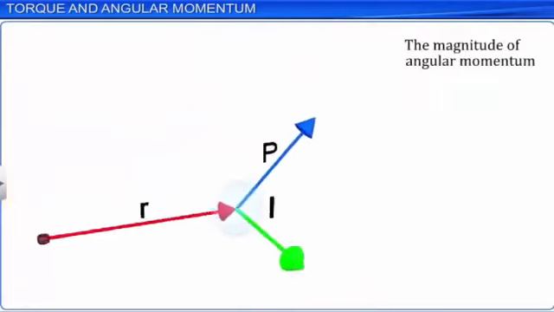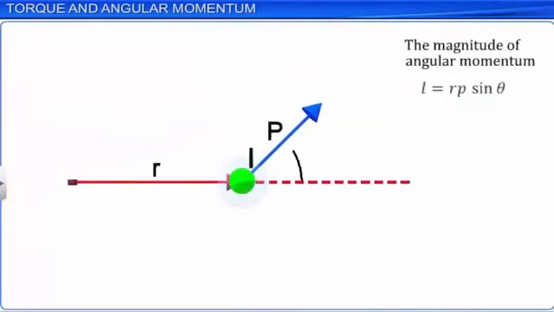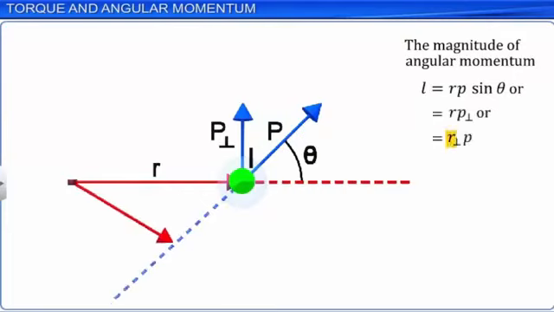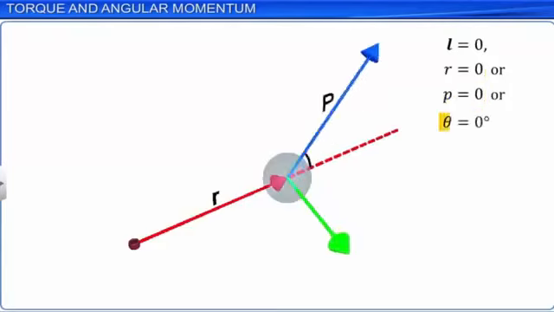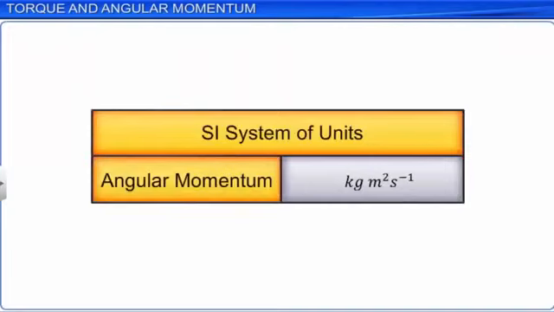The magnitude of angular momentum of the particle L is equal to r p sine theta, which can also be written as r p perpendicular or r perpendicular p. L is 0 when r is equal to 0, or when p is equal to 0, or when theta is equal to 0. The SI unit of angular momentum is kilogram meter square per second.